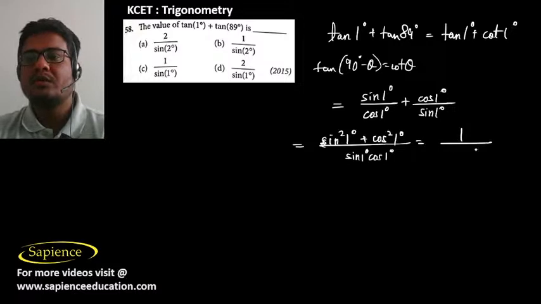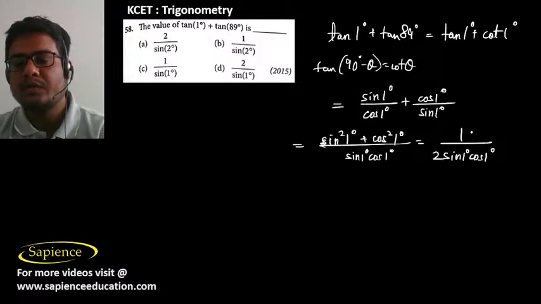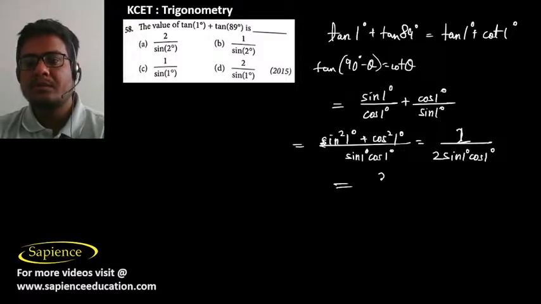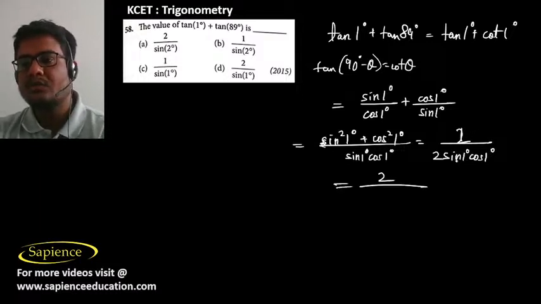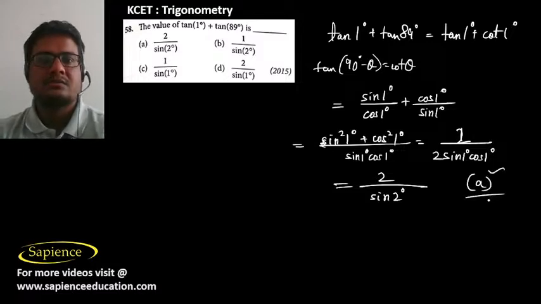So this will be 1 by (sin 1 degree into cos 1 degree). So we can multiply and divide by 2 in the numerator and the denominator. So that will be 2 by (2 sin 1 degree cos 1 degree), and 2 sin theta cos theta is sin 2 theta, so that is sin 2 degree. So 2 by sin 2 degree. So option A is the correct answer.